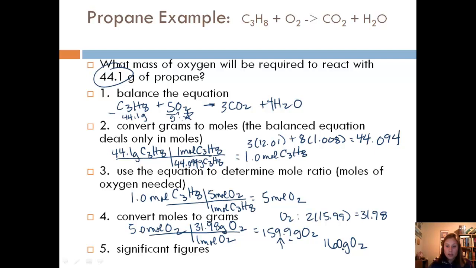I can put a decimal after the 0, and now I'm making it count. Or I can write it as 1.60 times 10 to the second. And so I'm still showing 3 significant figures, and it's the same answer. So either of those options will work if you run into a problem like this.